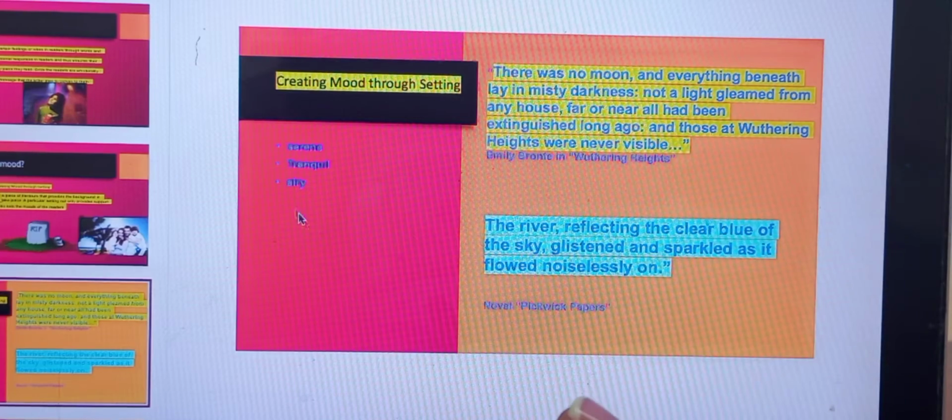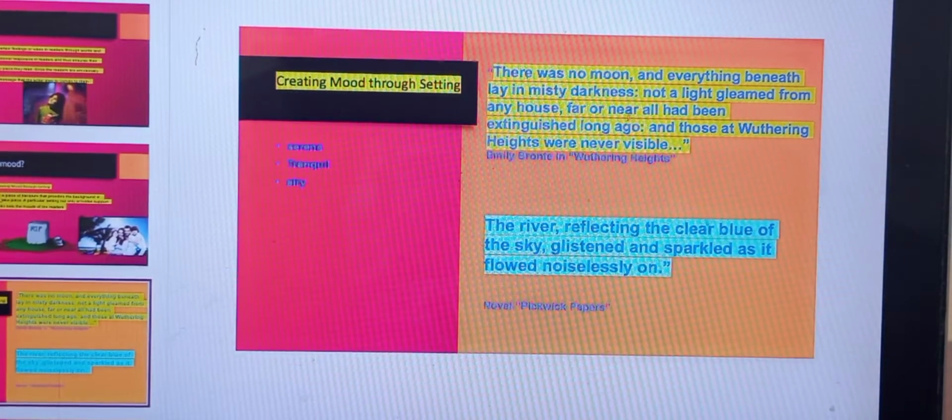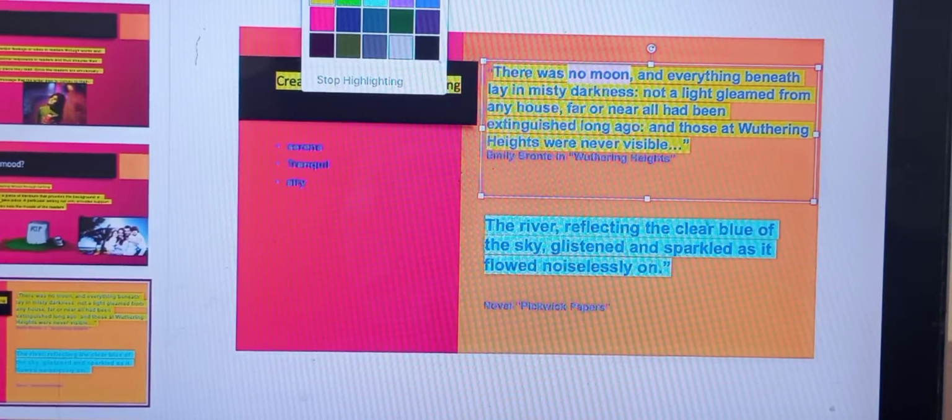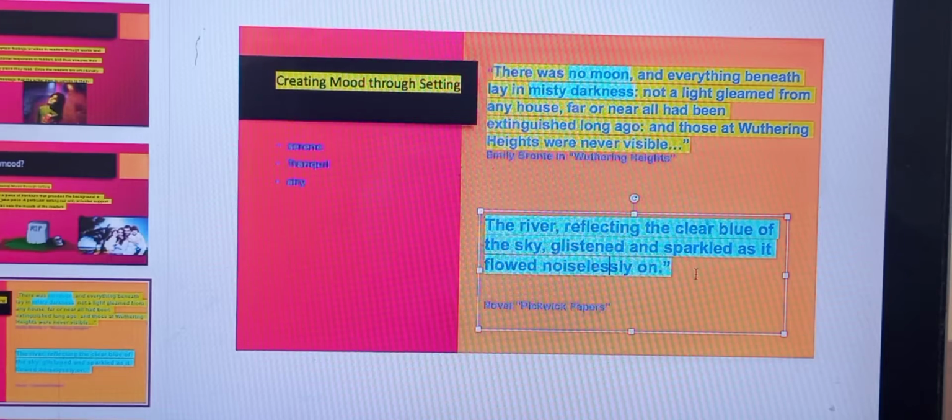So it's a bit eerie, based on the words that we see being used here. So we have no moon. We would highlight that. Remember, we're also developing our annotation skills, and they also said that there is a misty darkness.